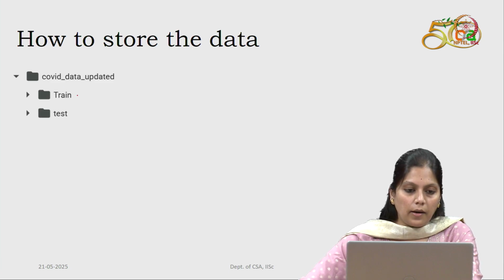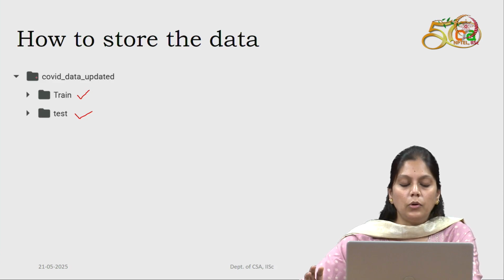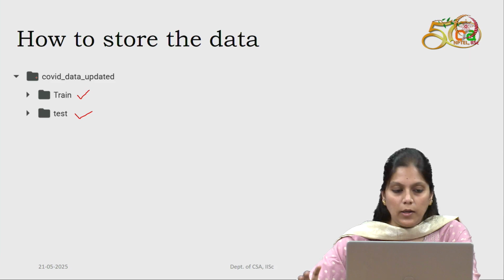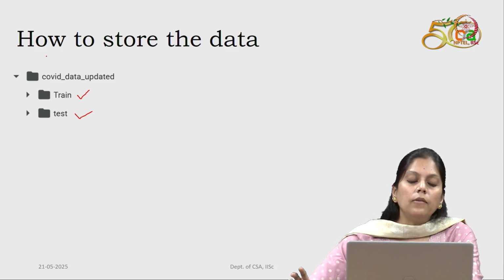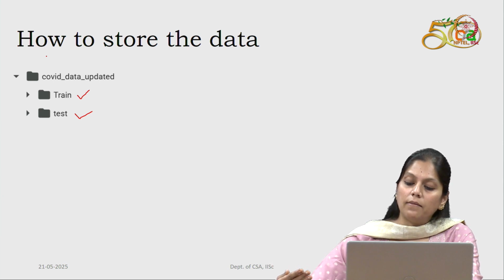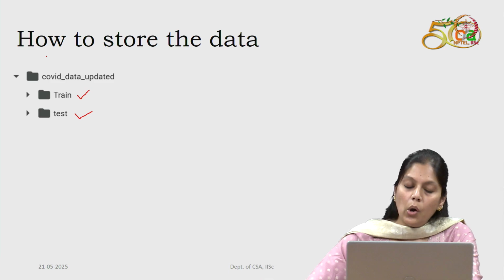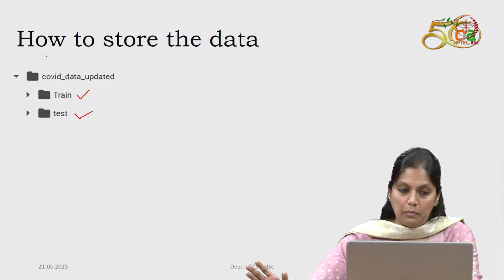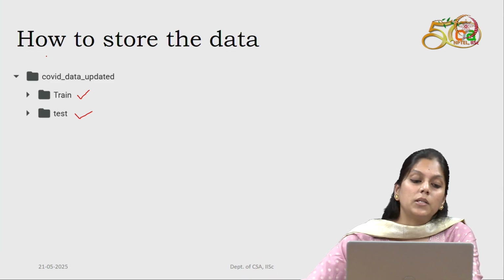So here we have training data and testing data. It is always preferable to pass these in the form of folders. For example, if your aim is to classify chest X-ray images, and we want to classify whether the patient is affected with COVID or not, this is the problem statement.